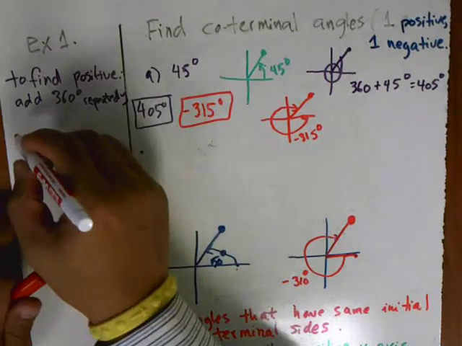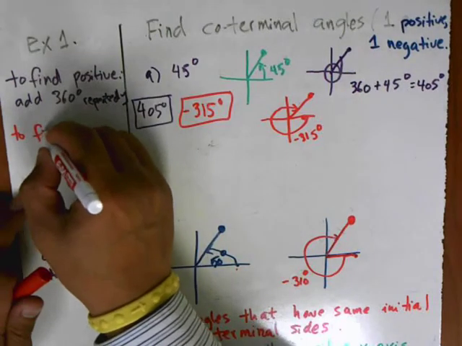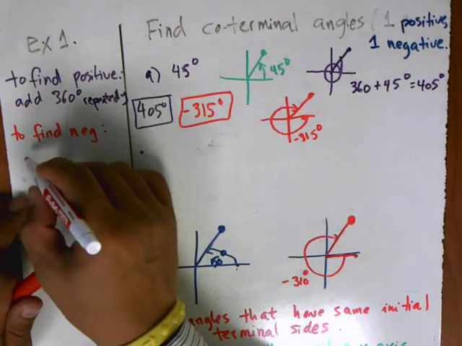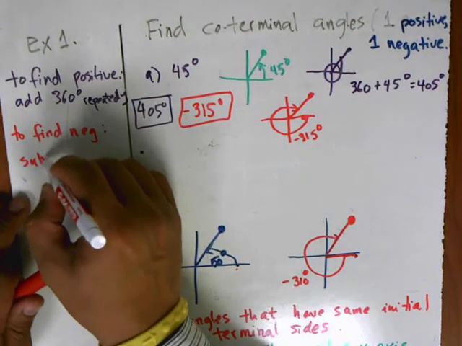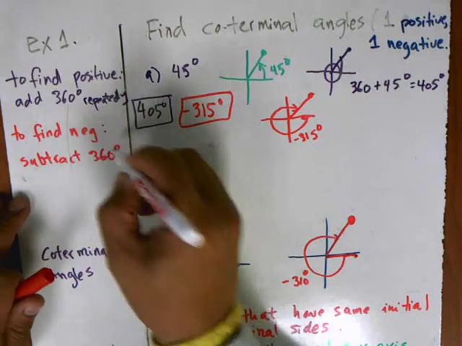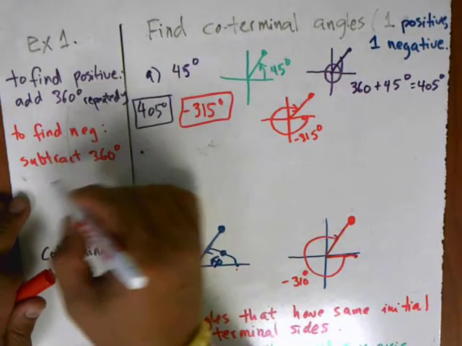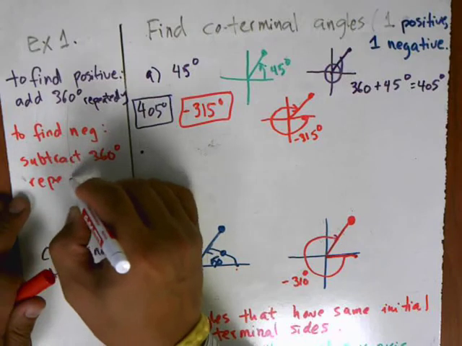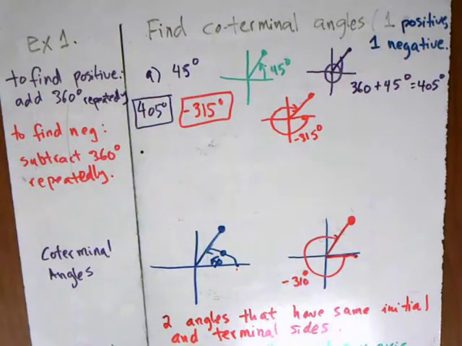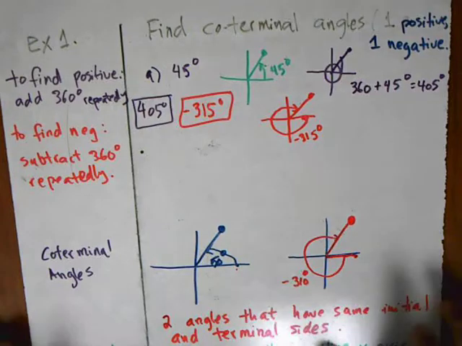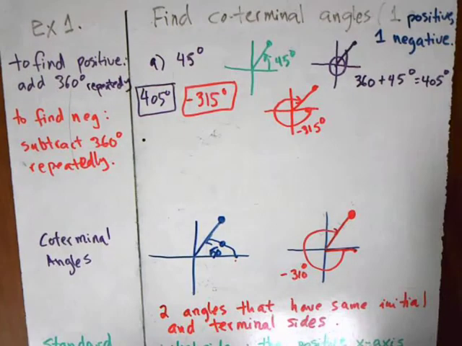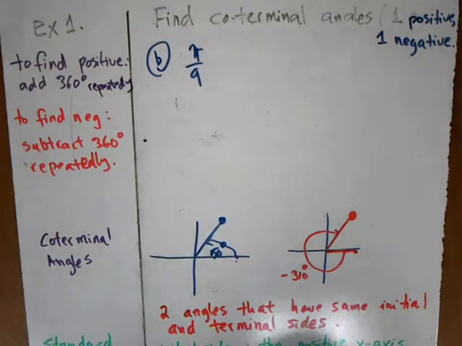And to find a negative coterminal angle, just subtract 360 degrees repeatedly until you get a negative number. Repeatedly. Okay.